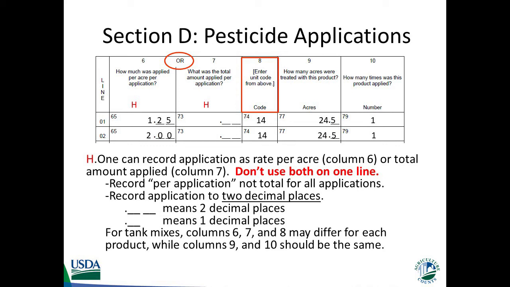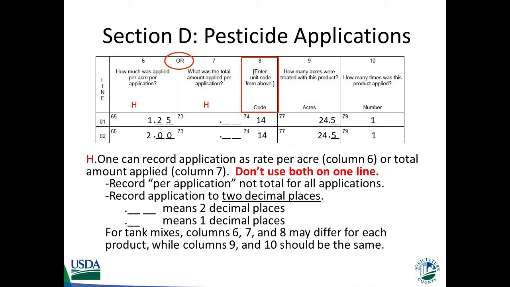In column 8, be sure to record the appropriate unit codes and make sure that the unit code matches the formulation. For dry products, the most common codes used are 1 for pounds and 28 for dry ounces. For liquid products, the most common codes will be 12 for gallons, 13 for quarts, 14 for pints, and 15 for liquid ounces.